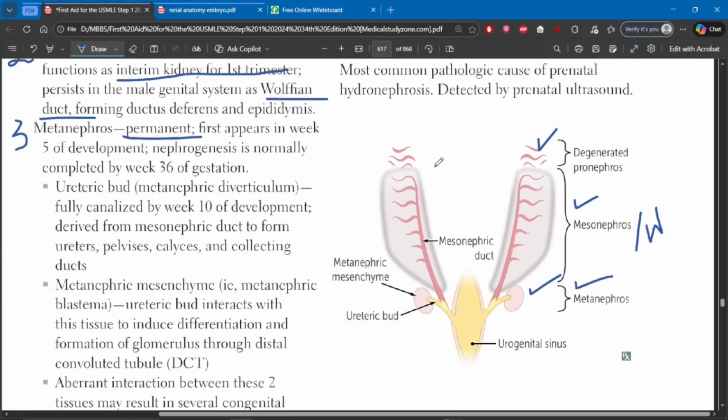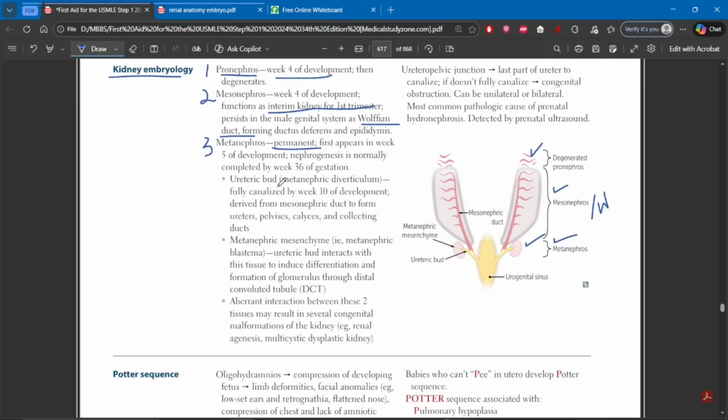The metanephros appears in week 5 of development, and nephrogenesis is normally completed by week 36. Now, these timings are not really important to memorize, but the order is important that you must understand.